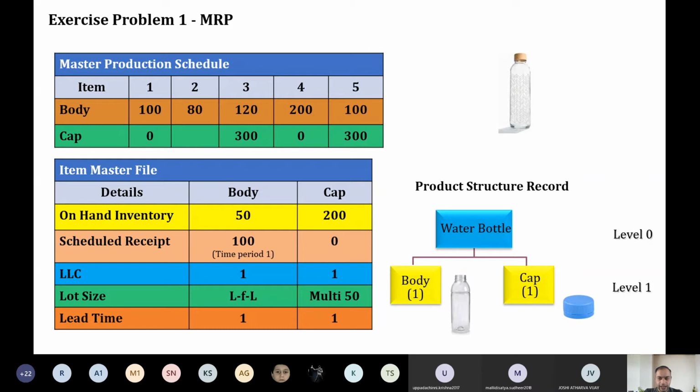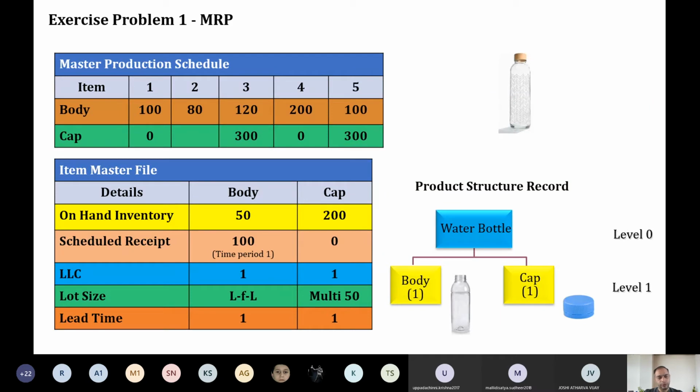Here I have given only two components of the water bottle, the body and the cap. The master production schedule is given, the item master file is given, and the product structure is also given to you, so you know how the final product is going to look.